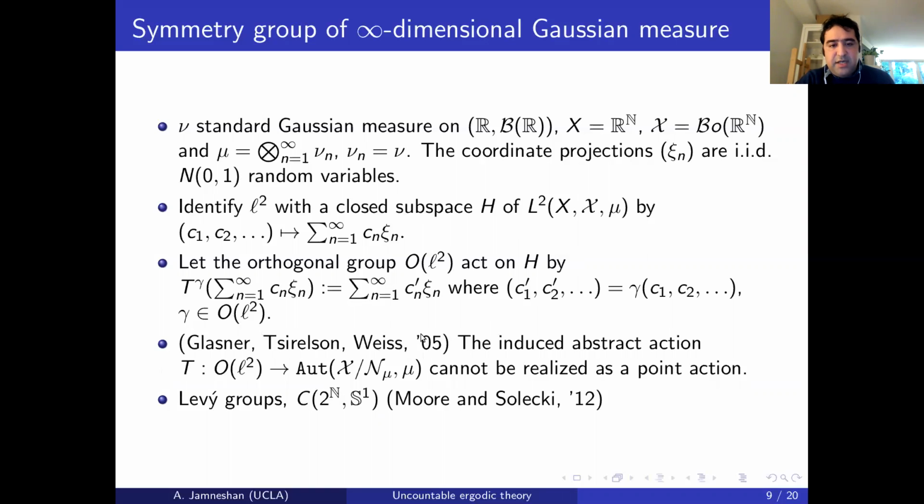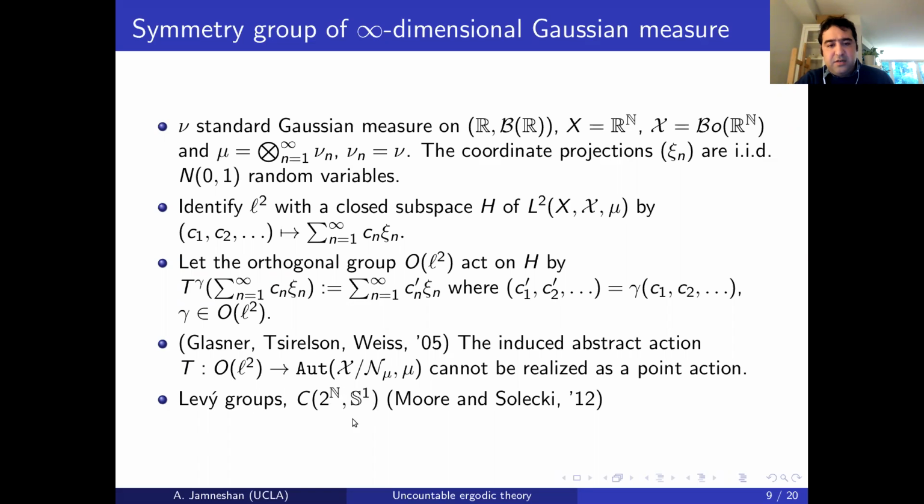They had actually provided a whole class of such examples, which are called Levy groups. These are Polish groups which permit some form of measure concentration phenomenon.